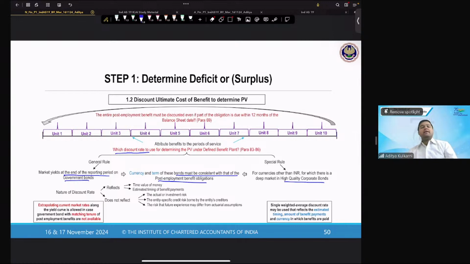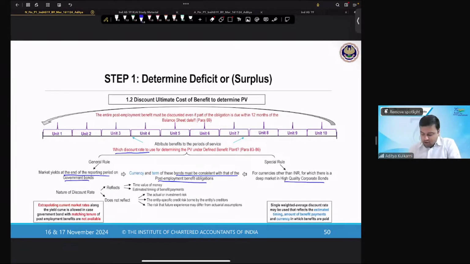So when we are taking your high quality corporate bonds, or you are taking your government bonds, the tenure of these instruments must be consistent with the tenure of your post-employment benefit obligations.